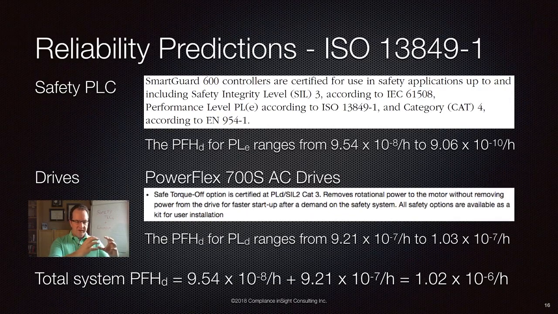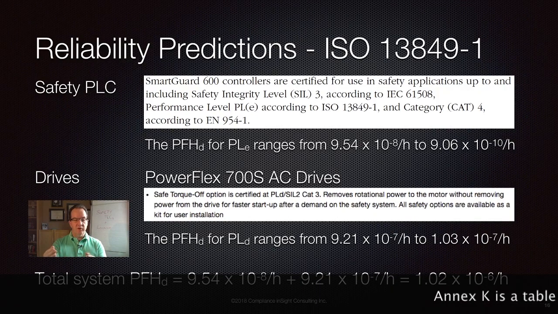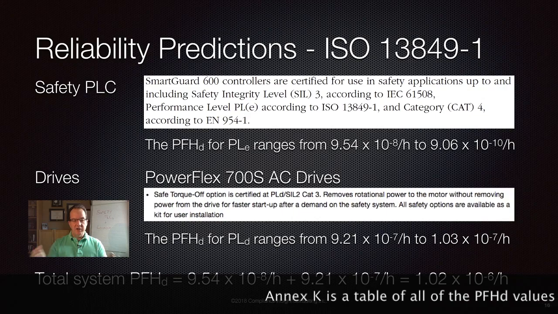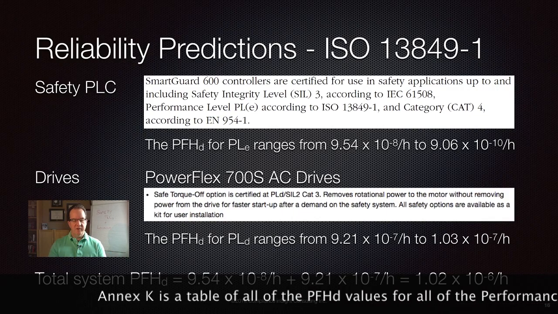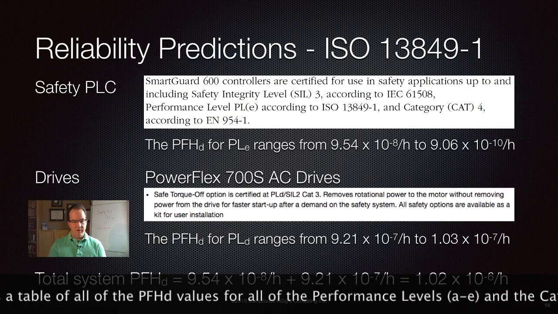You don't have to do any deep dive analysis inside their product because they're already telling you what the reliability level is. Okay, so if we look at the safety PLC, then I went to Annex K in the standard and looked up the range of PFHD represented by performance level E category 4.